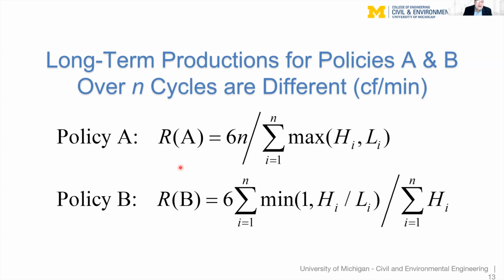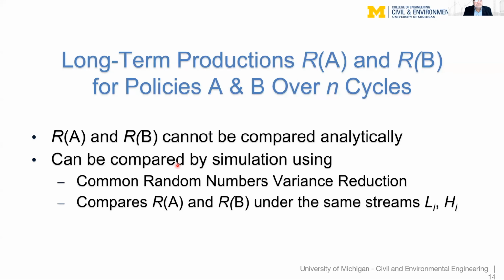So how do we compare these two? Well, I have tried a lot, and these two policies cannot be compared analytically, so we need to compare them with simulation. Now, to get reasonable results, we cannot just run a simulation out of the box.